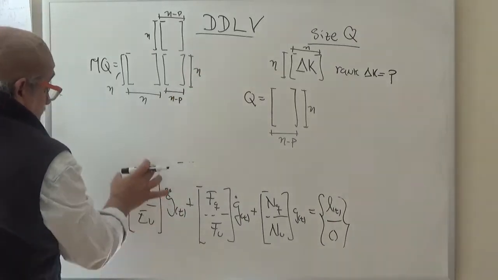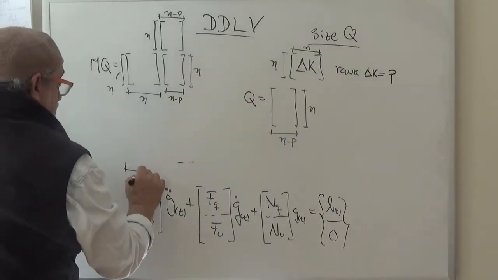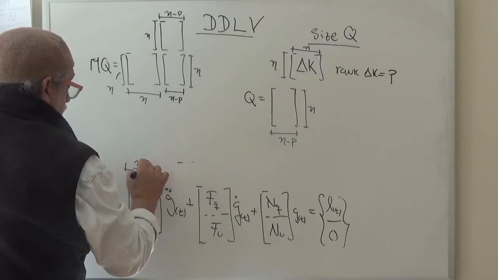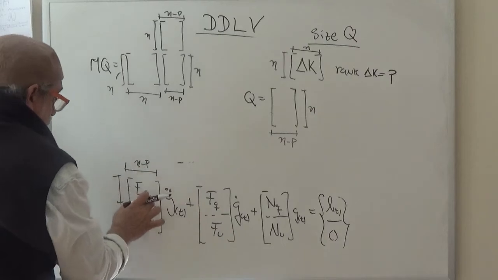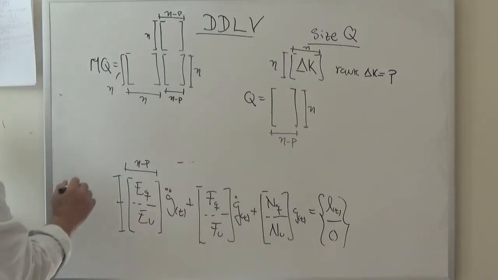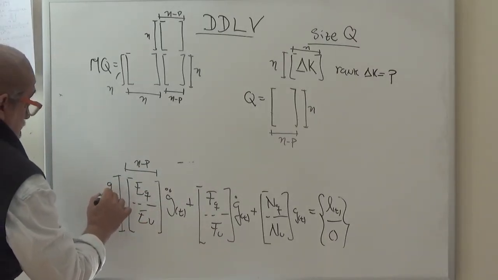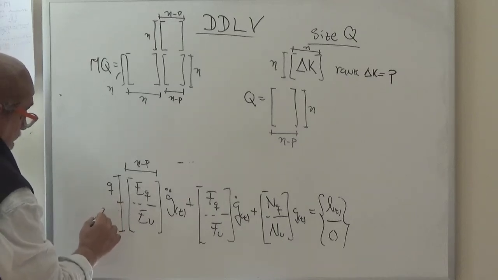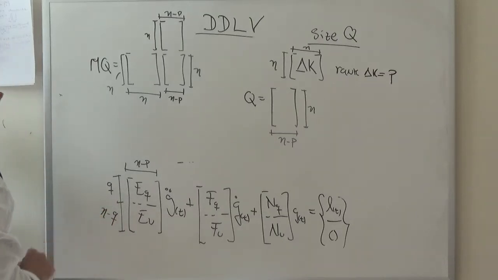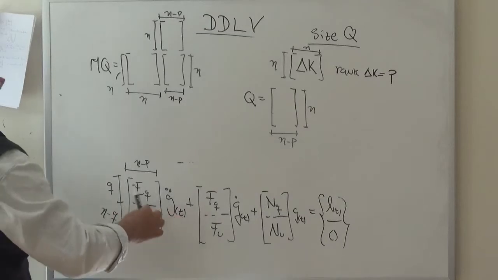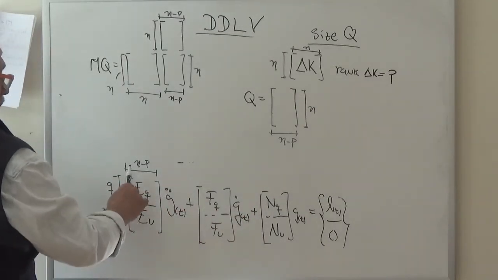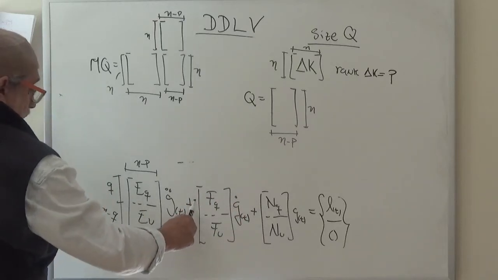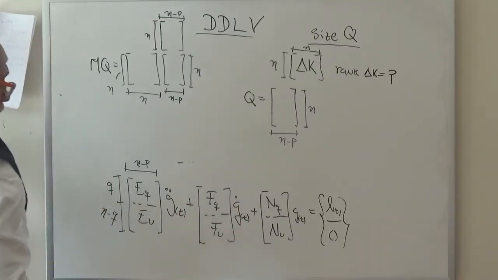This partition here, the Q coordinates, are the measured ones. This partition here must be N minus Q. So all these matrices are Q by N minus P, and here N minus Q by N minus P, right?